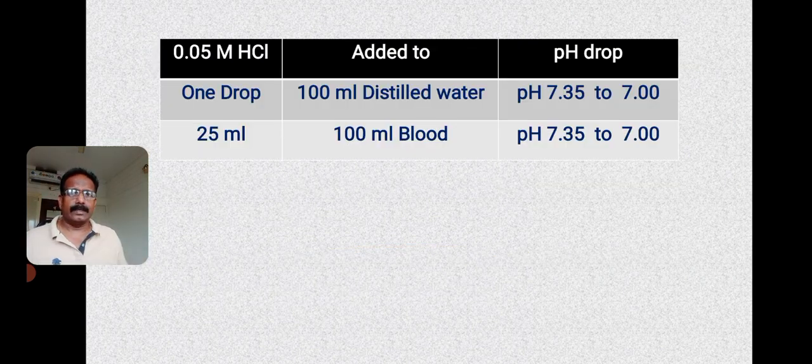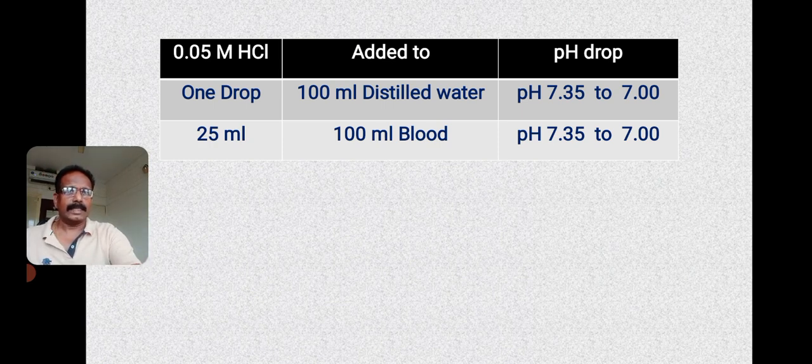Let us see an example using 0.05 molar HCl. When 1 drop of the solution is added to 100 ml of distilled water, the pH will drop from 7.35 to 7.0.